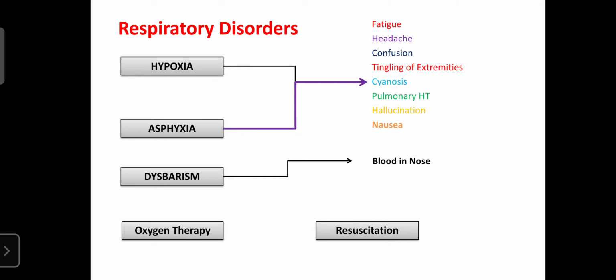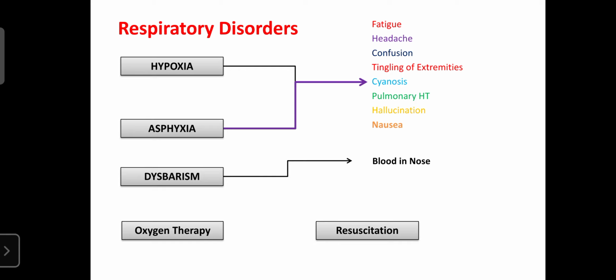Next one is resuscitation, that is the artificial adjustment of respiration. Correcting the rate of respiration in a patient artificially is known as resuscitation. It is simply mouth to mouth: for anyone having a problem in respiration, some people give respiration through their mouth to the patient.